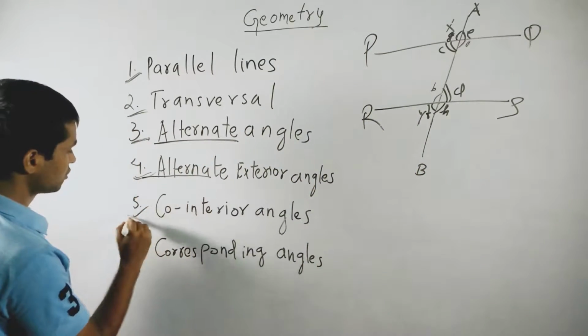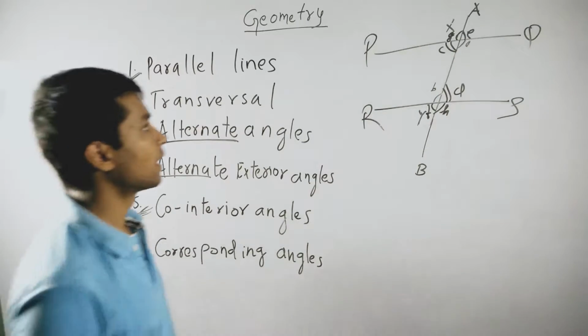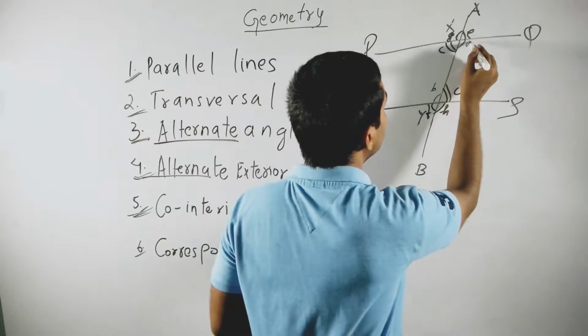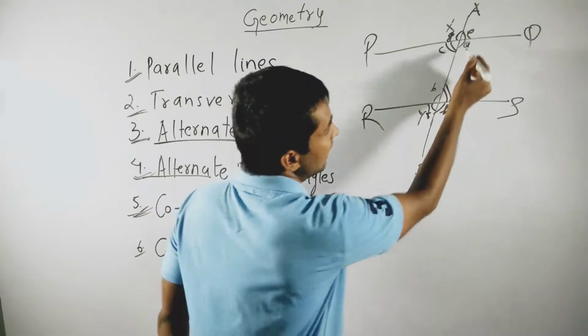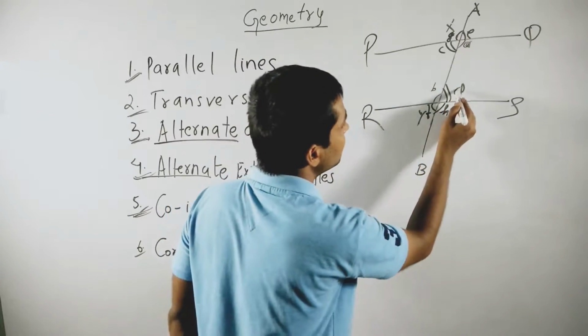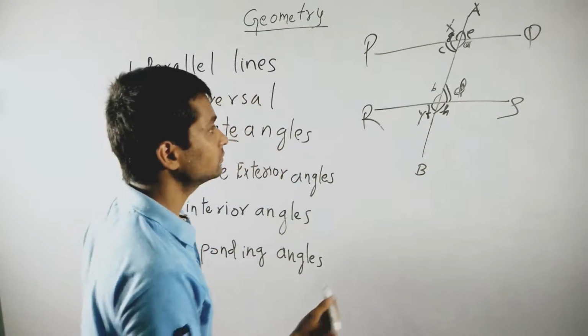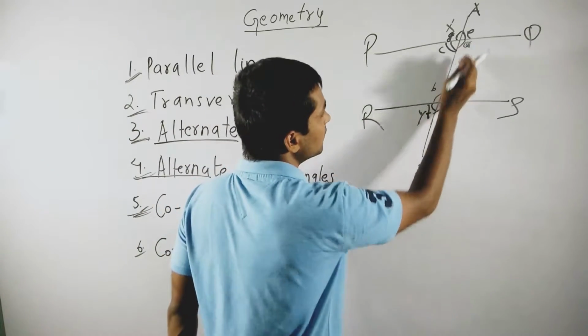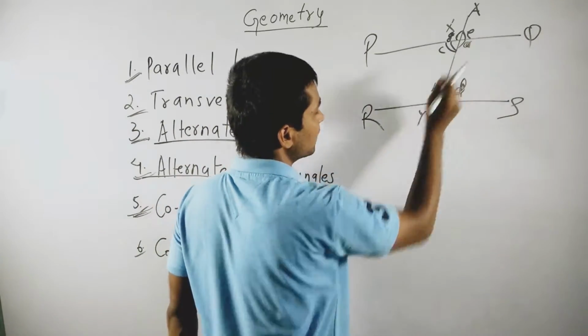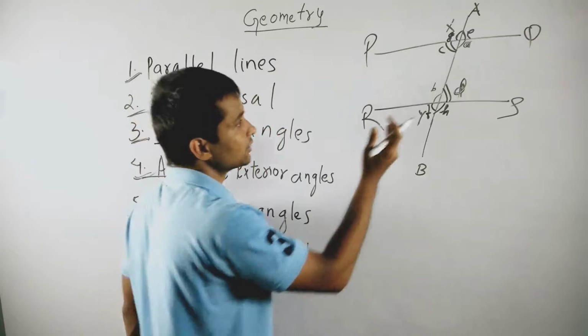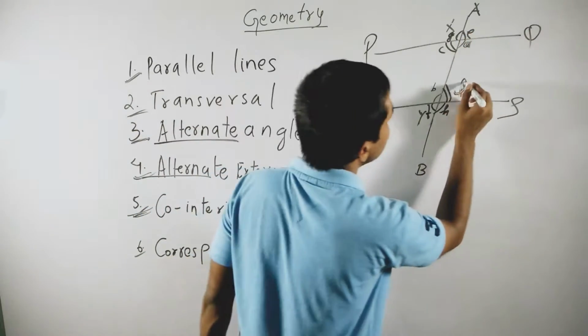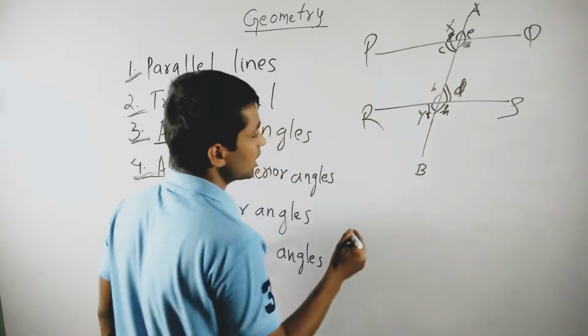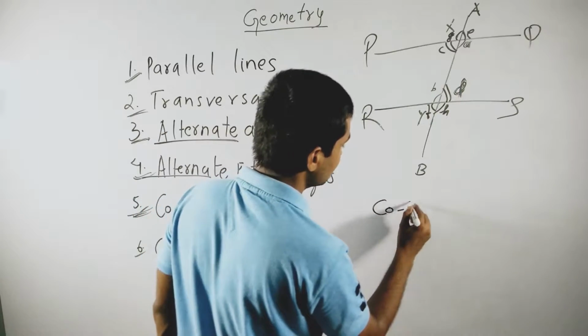Next is co-interior angles. If I look at A and D, you can see both of them lie on the interior side of the parallel lines and they both lie on the same side. In such a case, such angles are called co-interior angles.